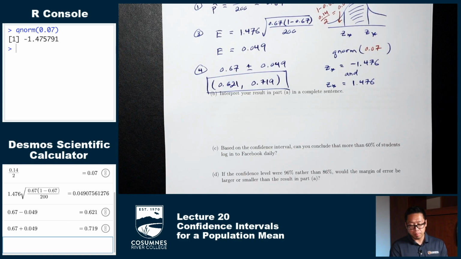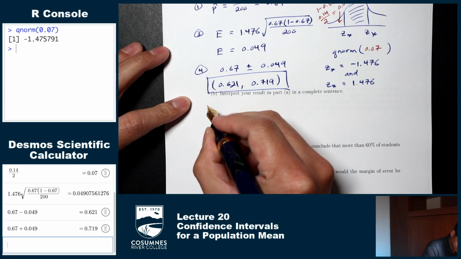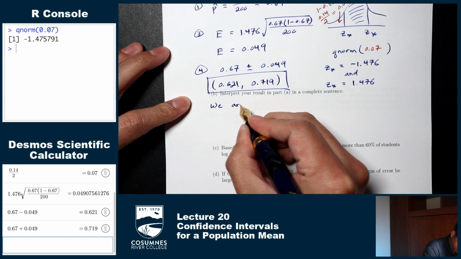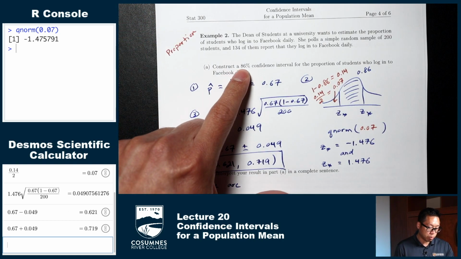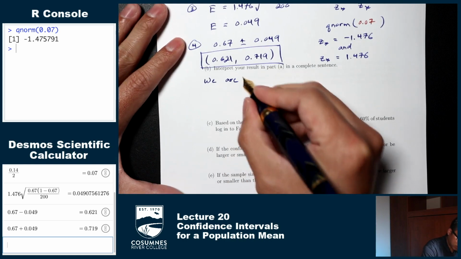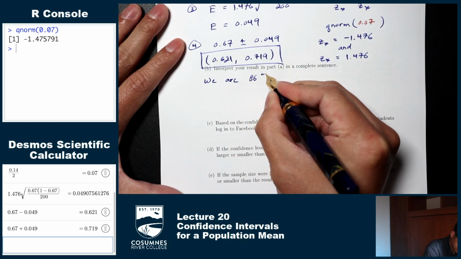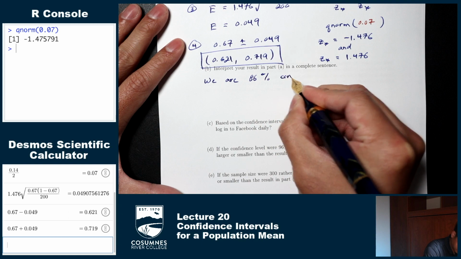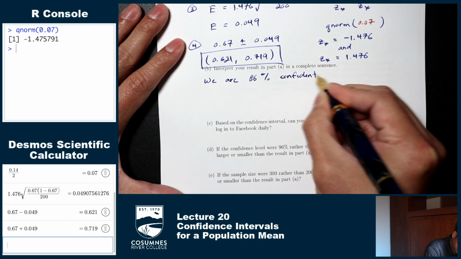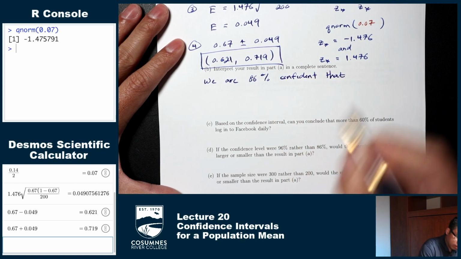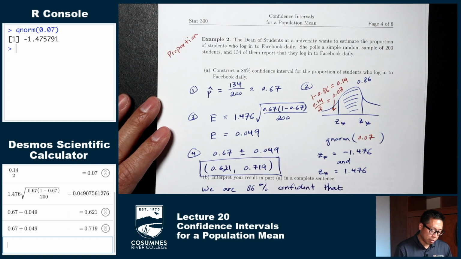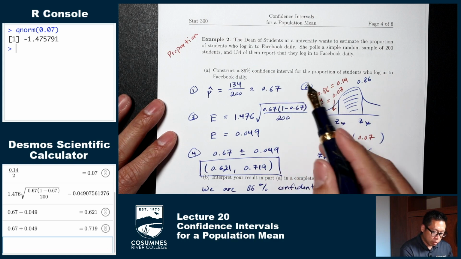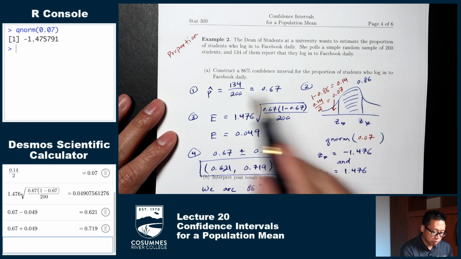Part B, the sentence. So this is the sentence I want you to write for all of these. We are... State your confidence level. Our confidence level here is 86% confidence. So we are 86% confident that, and usually I just copy what they say in the question, confidence interval for the proportion of students who log into Facebook daily.